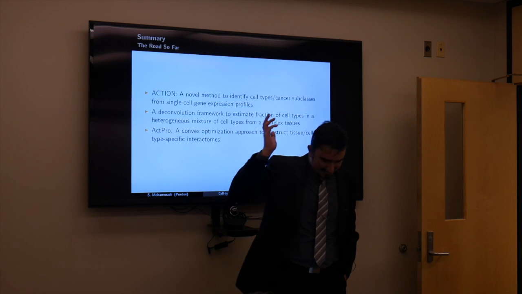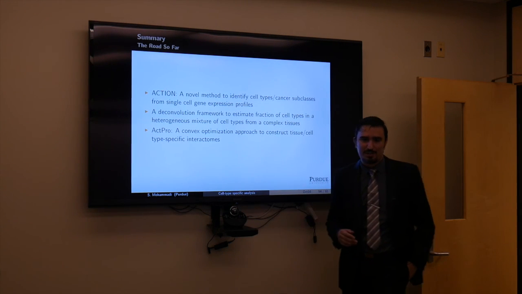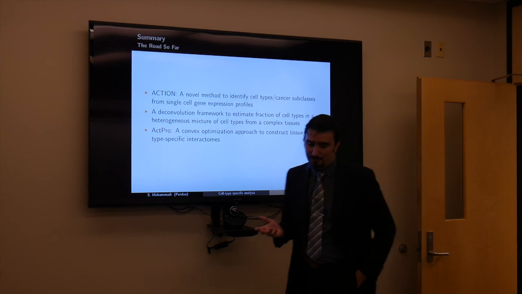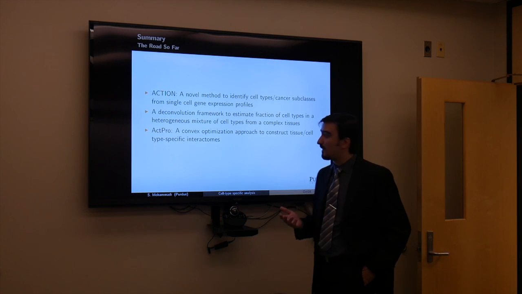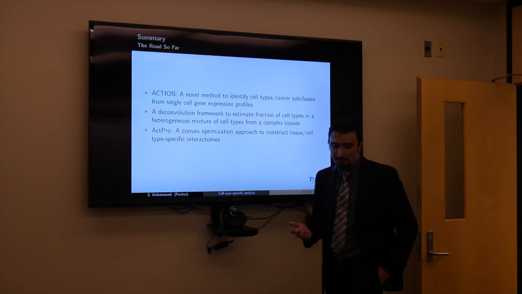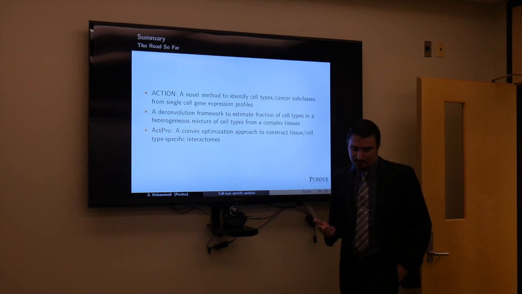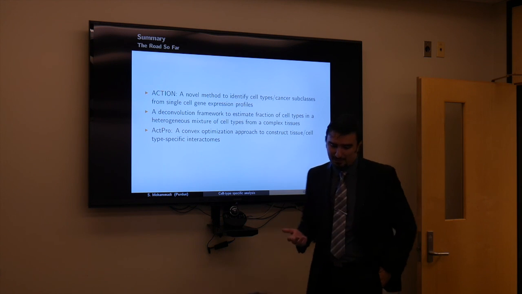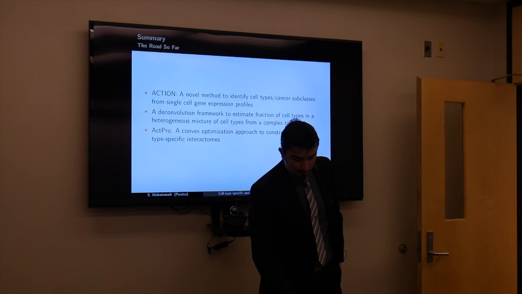We went through 3 projects. One was, can we identify cell types using single-cell data sets? The other was, given a mixture of cell types, can we separate them from each other? And finally, if we have a cell type-specific transcriptome, can we build cell type-specific networks?